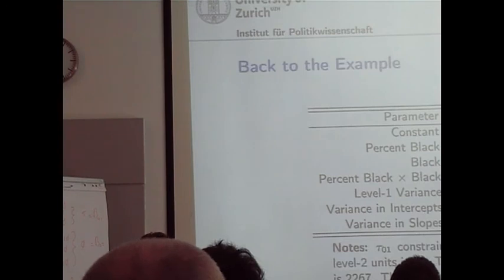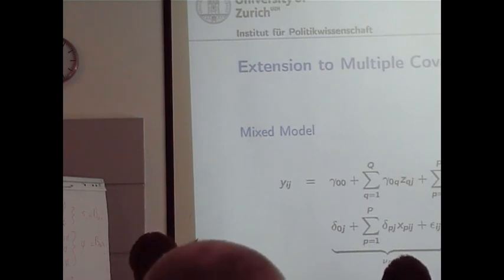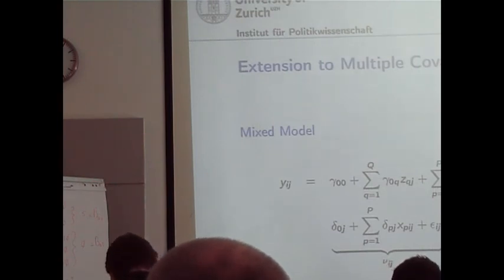I will get back to the practical constraints on how you estimate these models. What I depicted here in this complex looking equation is actually the most general model you can come up with, where everything is random and everything has a cross-level interaction, which is usually hopelessly unidentified.